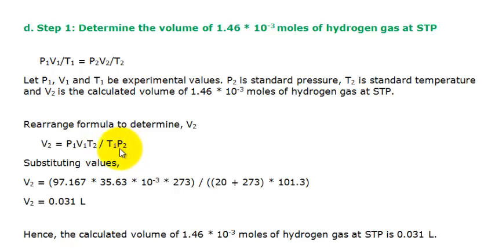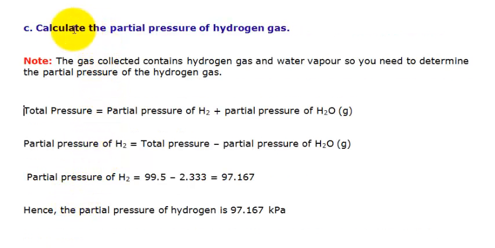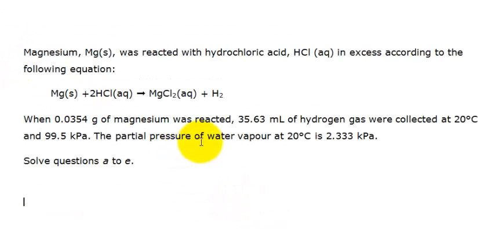Now, P1 is the partial pressure of hydrogen gas that we have calculated in C. So from part C, we can see that the partial pressure of hydrogen is 97.167. V1 is the volume of hydrogen gas collected. Now V1 is given in the question.